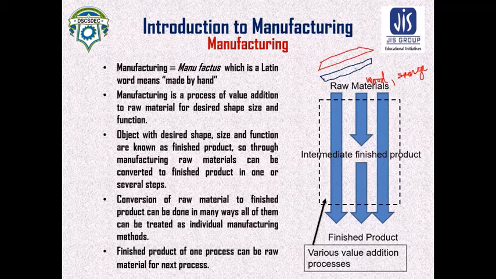So this wooden part and this spongy part are the finished product of one process, but they are the raw material of the second process, that is the joining process. By joining them together, we will get a complete duster.